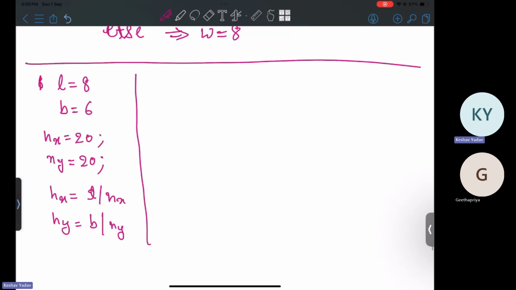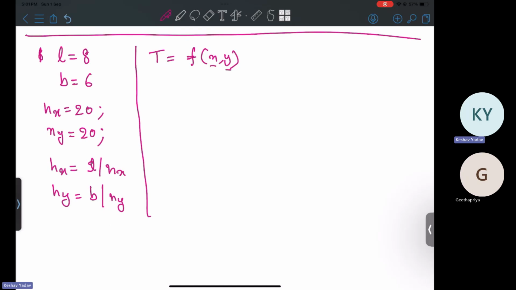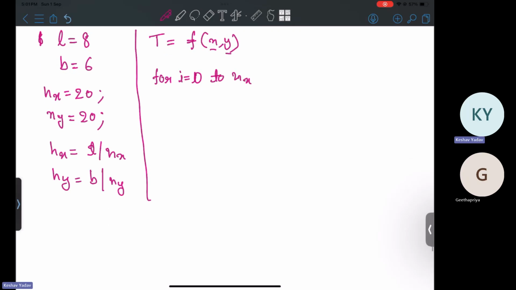Then we will define some temperature function, whatever function we have, T of x comma y. Then we will define this x and y. How can we define them? For I equal to 0 to nx, x of I will be equal to I multiplied by hx.